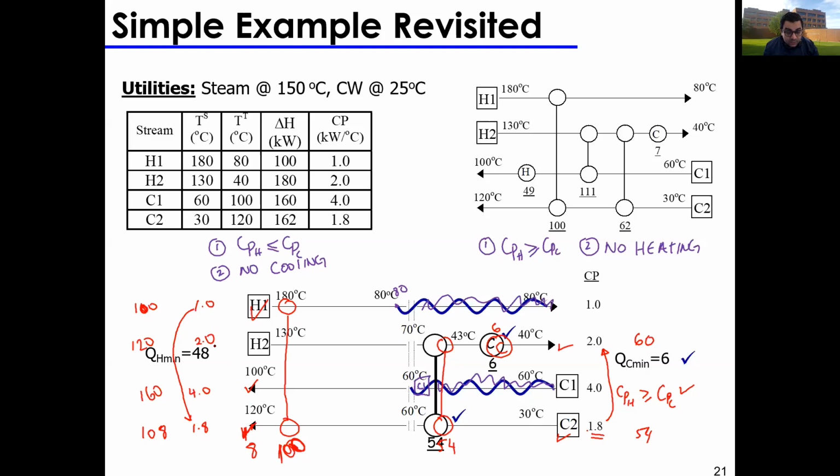Now let me see if I can transfer heat between the second stream. H1 is done. Let me move to H2 and compare it to C1. 2 less than 4, CP hot less than CP cold. Yes, I'm going to connect these two guys here as well. The energy transferred will be what? This stream has 120. This stream requires 160.